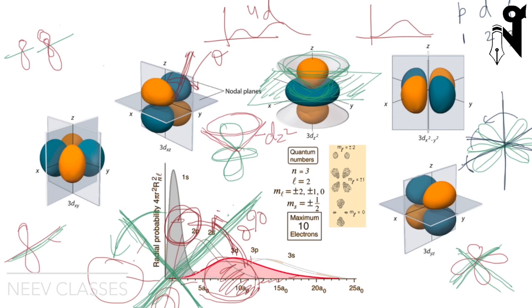Similarly, for d's, that is your 3d, the first appearance of d. That's your 4d. That's your 3d.